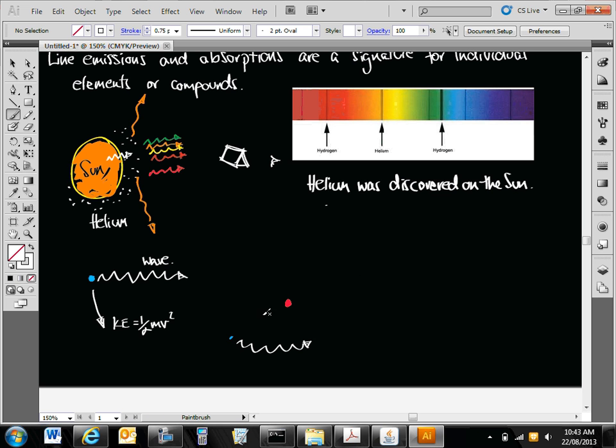Now, why is this position, energy-wise, this energy position from the nucleus, this binding energy, very specific? The proton has a very specific charge. We know that it has 1.6 by 10 to the minus 19 coulombs.